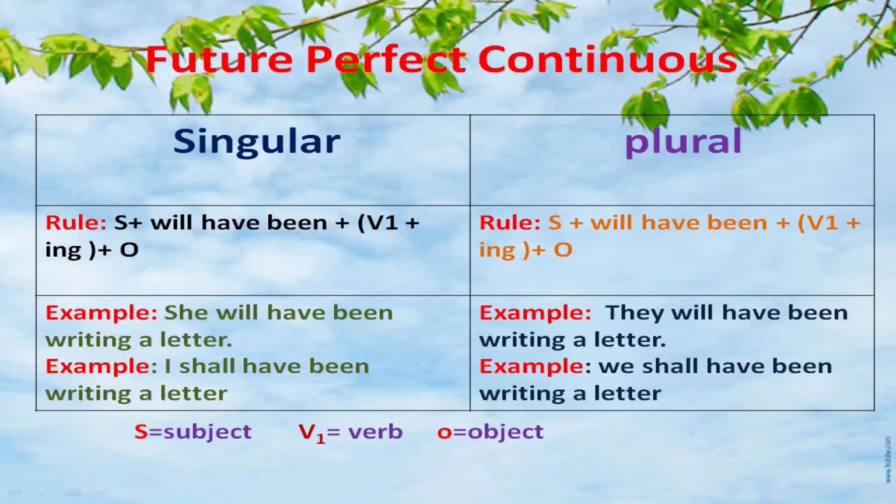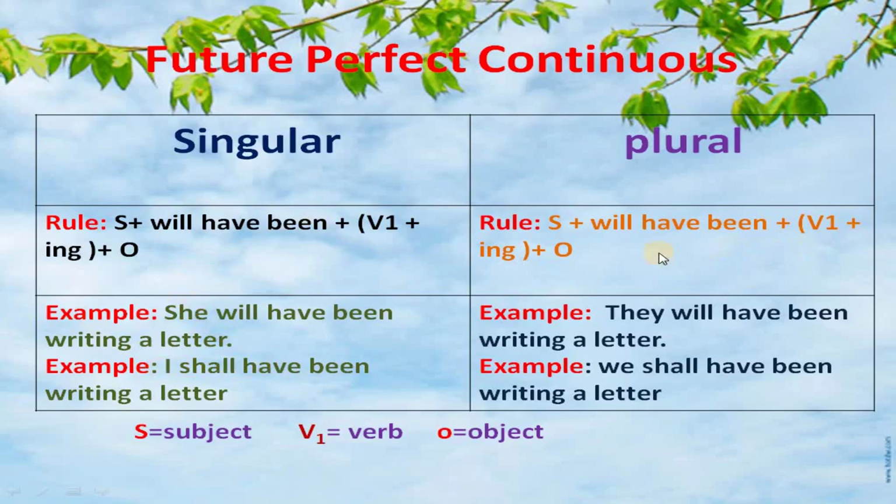Future perfect continuous tense, singular form. Rule is subject plus will have been plus V1 plus ing plus object. Examples, she will have been writing a letter, I shall have been writing a letter. These are for the singular form future perfect continuous tense.